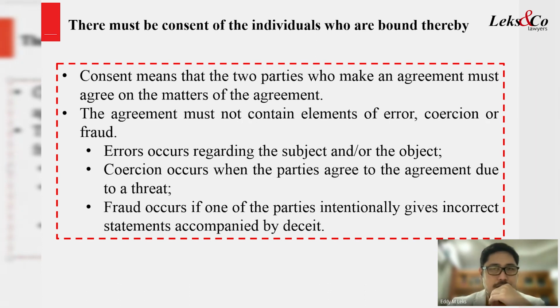Because when we talk about the second element, the capacity, and then the objective requirements, they have made some stipulations related to those elements. But talking about the consent, these are the exemptions.